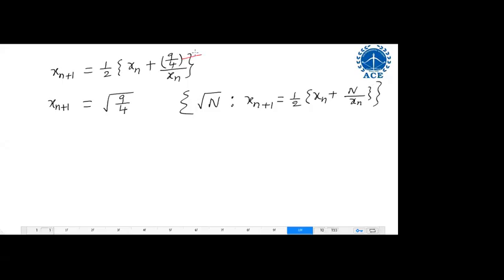In place of capital N, we have 9 by 4. Root of 9 by 4 is 3 by 2, that is 1.5.